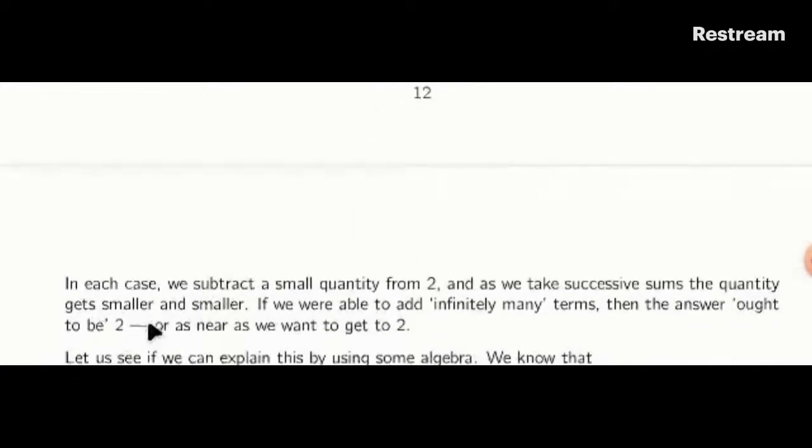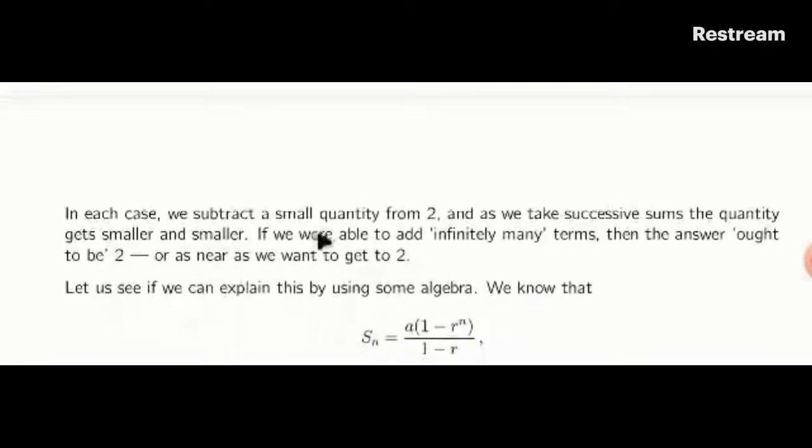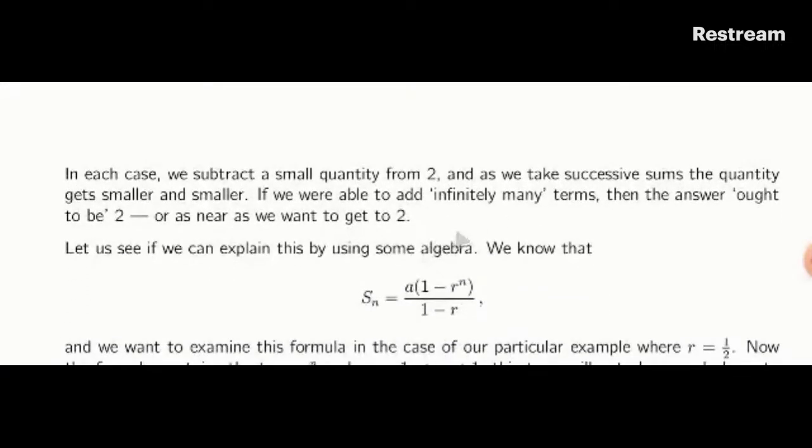So if you follow this pattern, in each case we subtract a quantity from 2, and we take successive sums. The quantity is getting smaller. So if we're able to add infinitely many times, then the result will be 2, or somehow very close to 2, right?